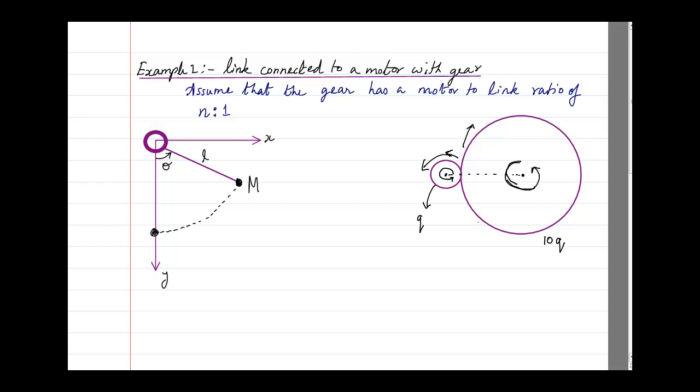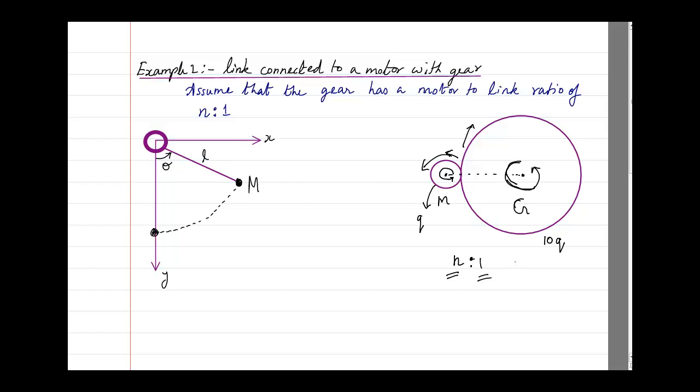So if I say that this is the motor and this is the gear, the motor is going to rotate and the gear is going to rotate according to the rotations of the motor. If the gear has a ratio of n is to 1, it means that for n rotations of the motor we will have one rotation of the gear.